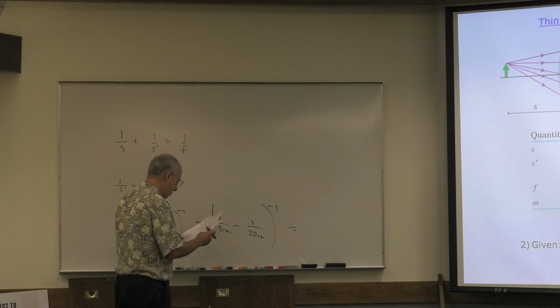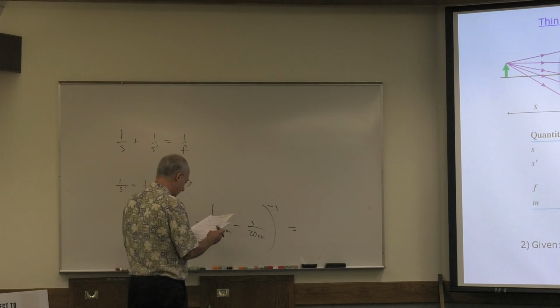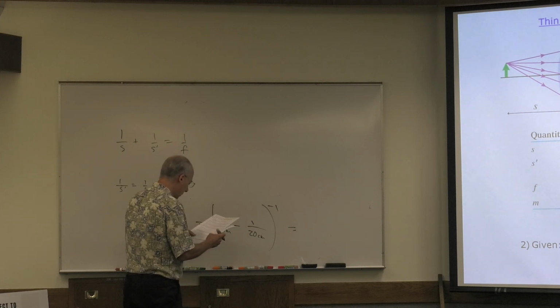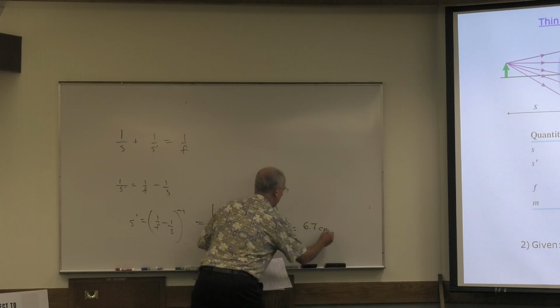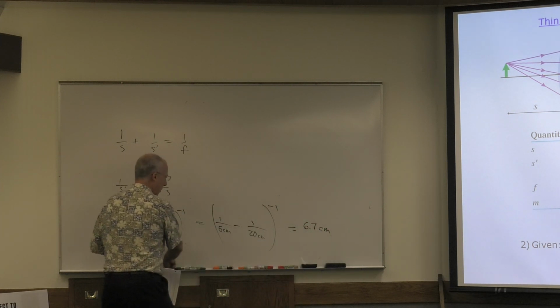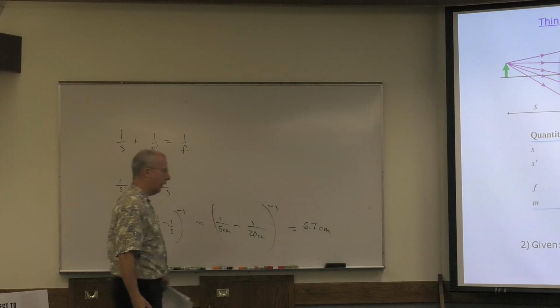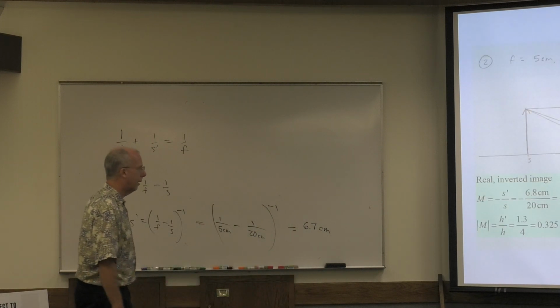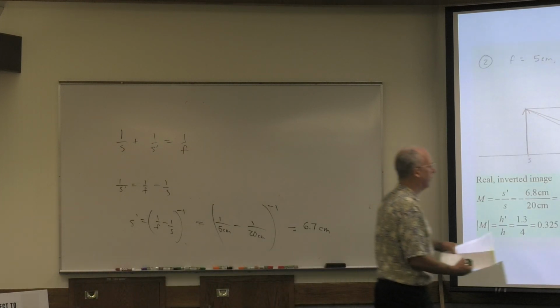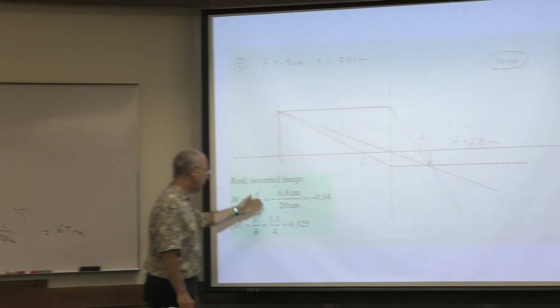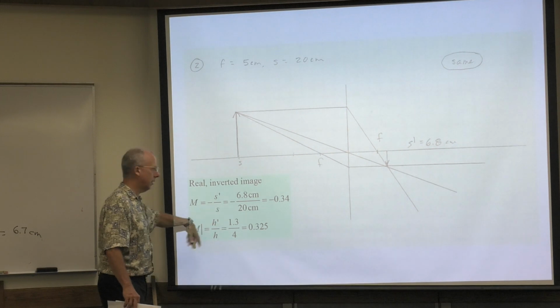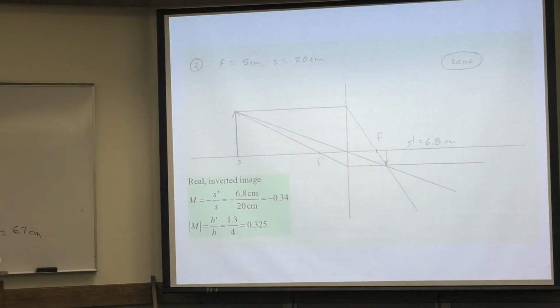So you do it, and you get 6.7 centimeters. That's what you get when you do the math. Now let's see what we did when we drew the picture. Not bad: 6.8, using graph paper, trying to be careful. And then you just use these formulas to get the rest of the information.